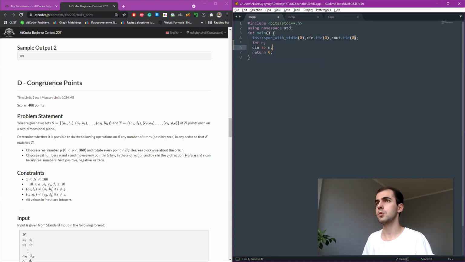And once you've done it, you want to find whether it's possible to obtain one from the other via some rotation. So how does rotation work? You clearly can't think about all possible angles. So what you're going to think instead is, let me match 2 points.